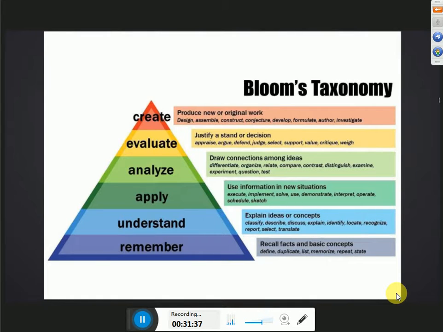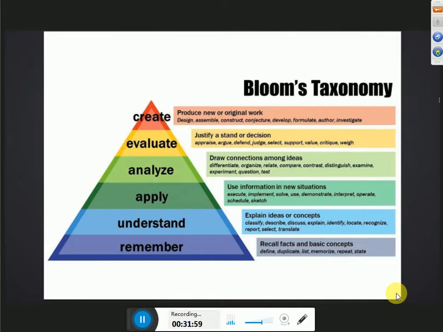So we should have some questions like recall facts and basic concepts. Questions like define, duplicate, list some of the advantages of this versus that. Repeat, state, ask them to define. So this they have to probably remember something, and that's at the lowest level.